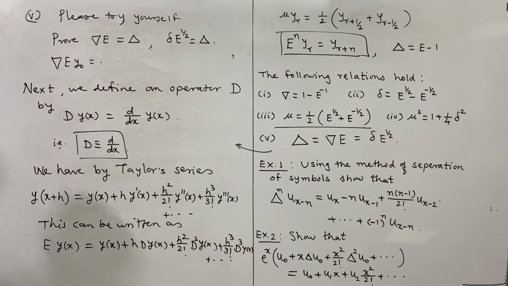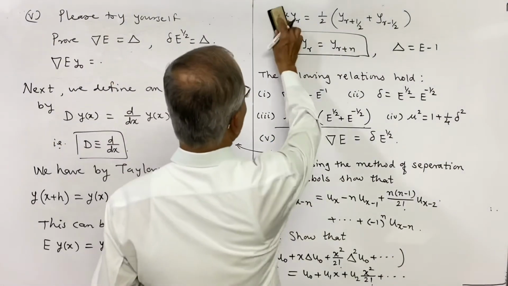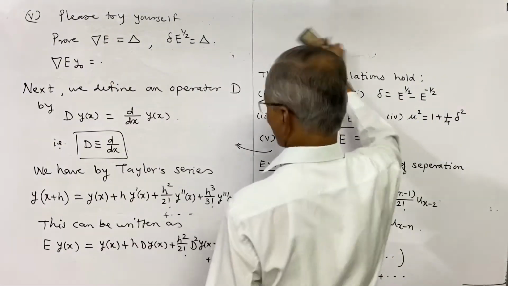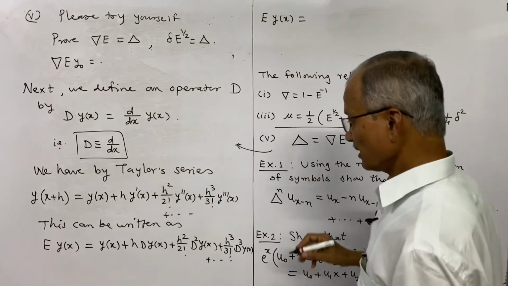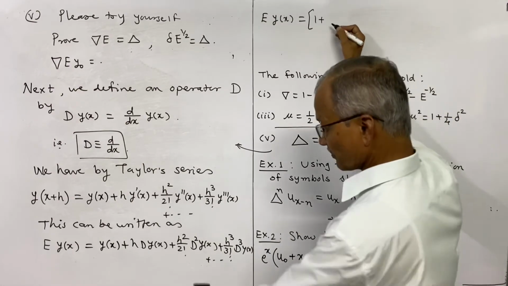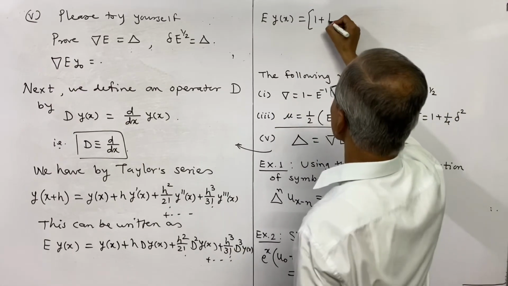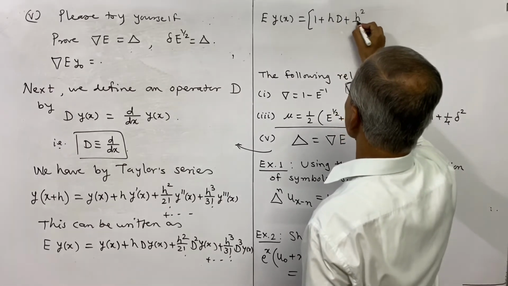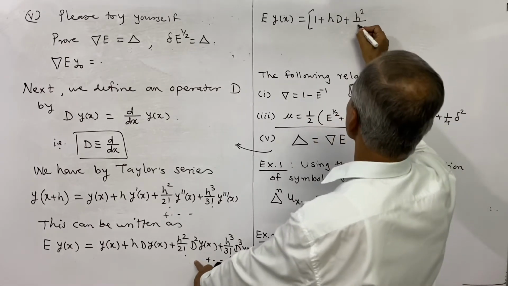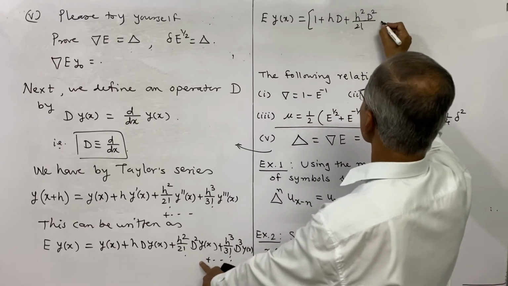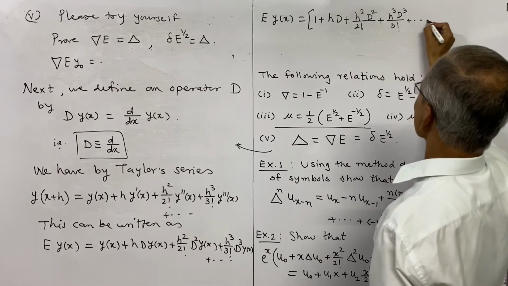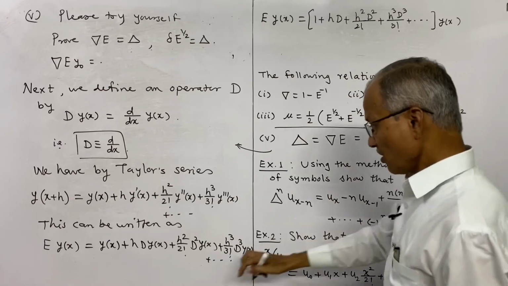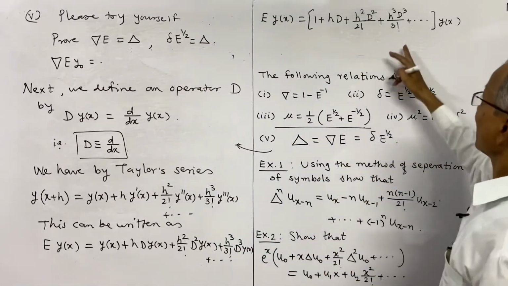So E of y x is equal to, the right side I shall write in bracket, 1 plus hD plus h square D square by 2 factorial plus h cube D cube divided by 3 factorial, and so on, operated on y of x. Y of x is taken common and we have obtained this.